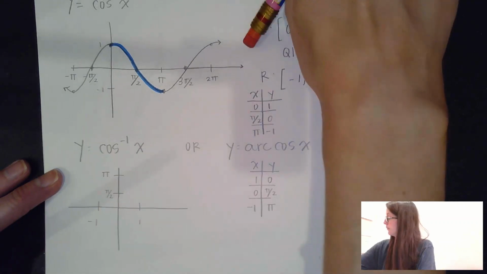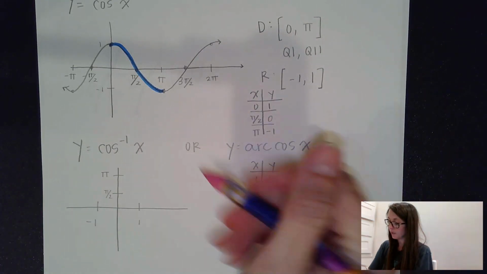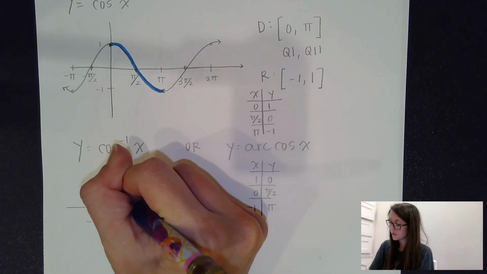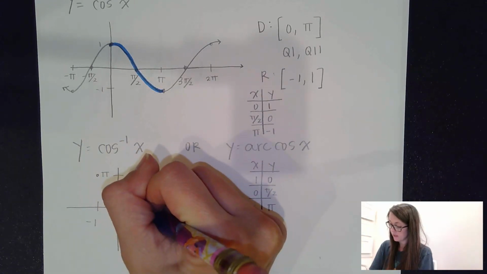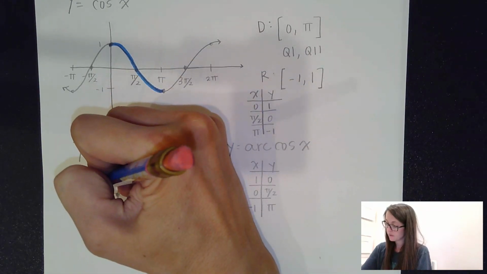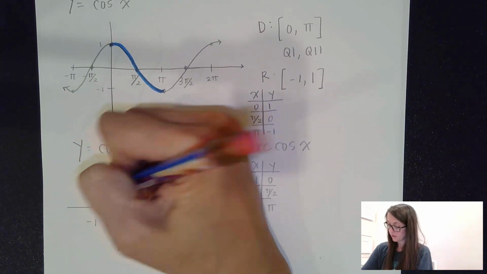So at negative 1, we're going to be up at pi. At 0, we're going to be at pi over 2. And at 1, we will be at 0. So this graph is going to be a little curvy through here.